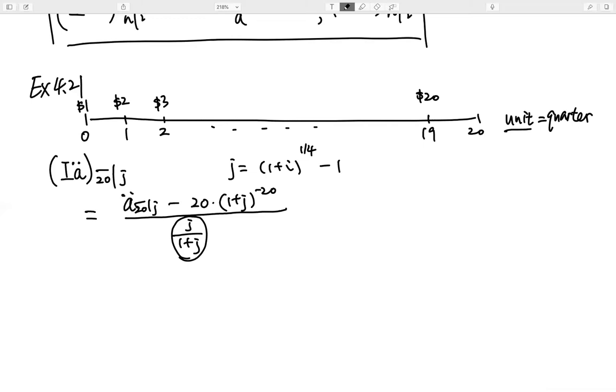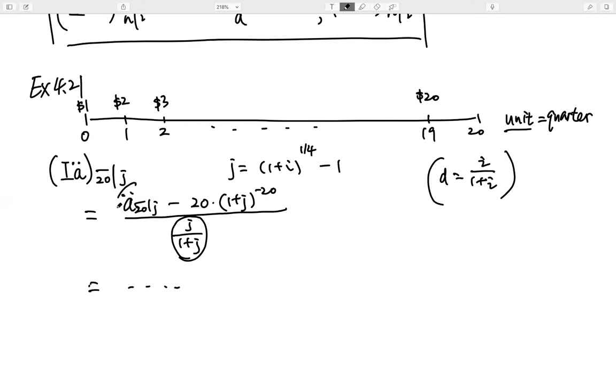I don't want to use d because usually we reserve d as i divided by 1 plus i. Nevertheless, the textbook uses d anyway, but I don't want to do that. I just want to keep it as j divided by 1 plus j. Everything then can be calculated relatively easily.